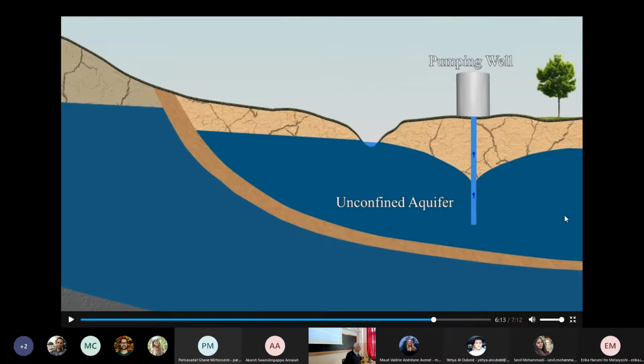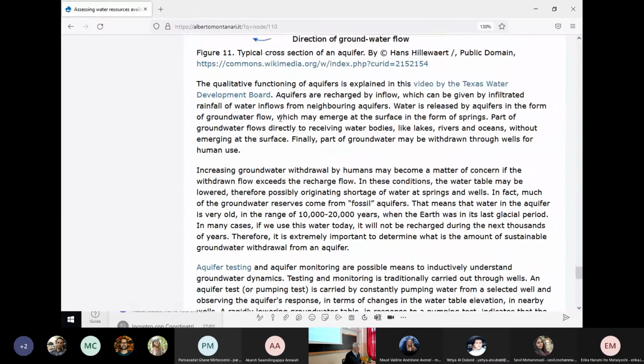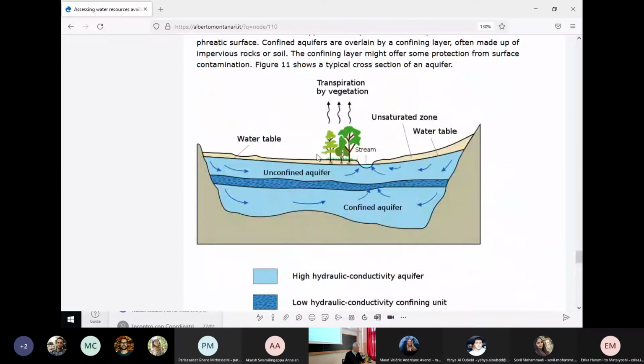Okay, so let's try to get into more details then, so we can close this video. And you see that everything is basically reproduced in this figure, which is on Wikipedia, where you see also the effect of vegetation, and you see that there might be also some connection between the unconfined aquifer and the confined one.